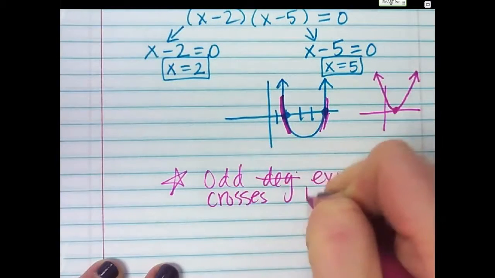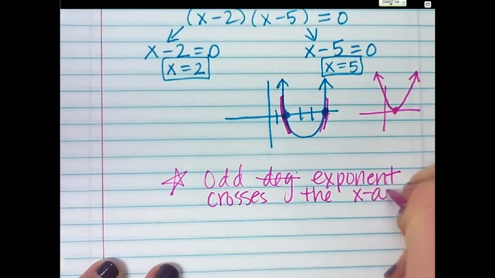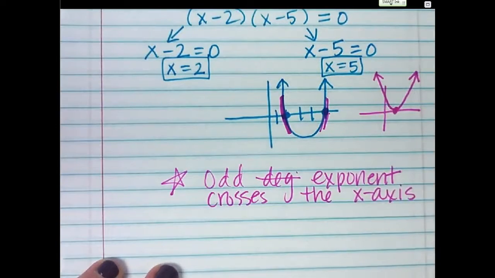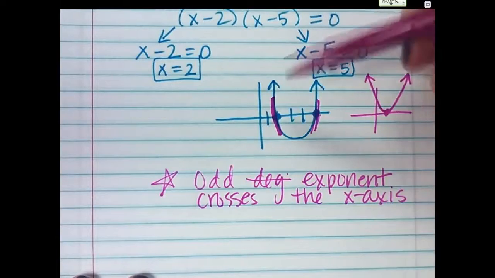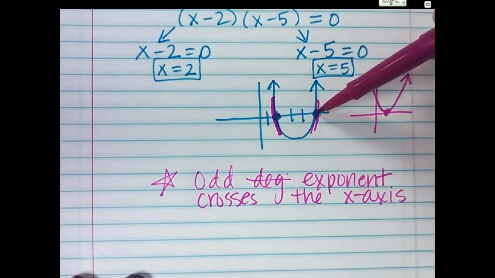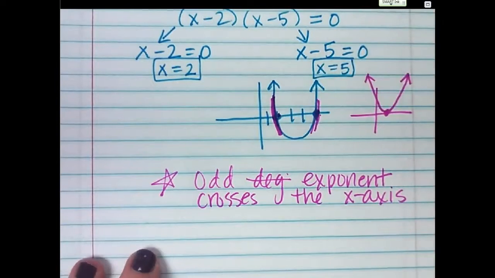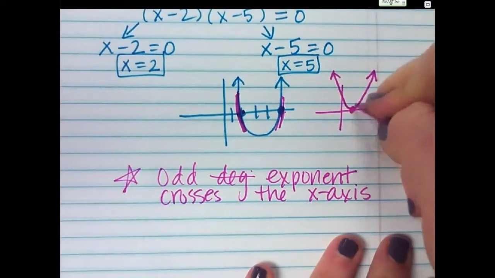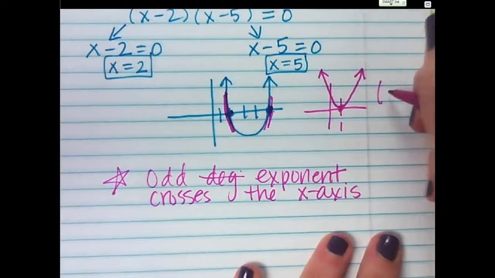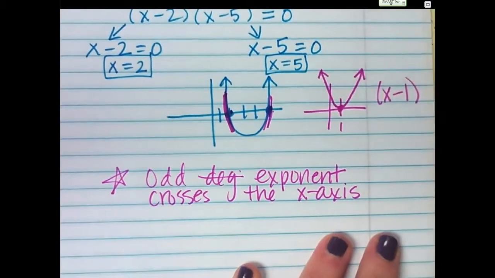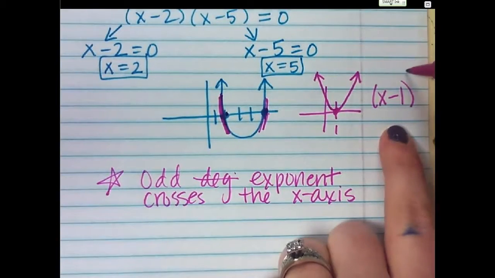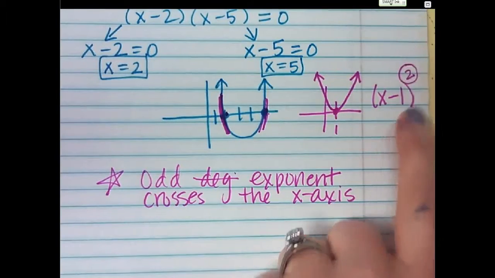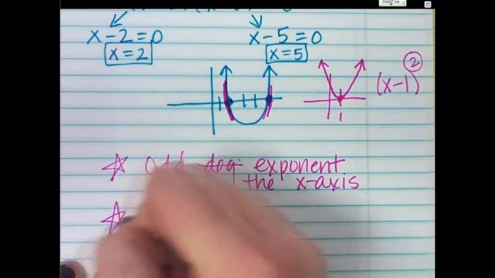Crosses the x-axis. So like this one, I had x minus 2 and x minus 5. It crosses the x-axis. I'm going to say this is at positive 1. So if I have x minus 1 squared, there's an even exponent.